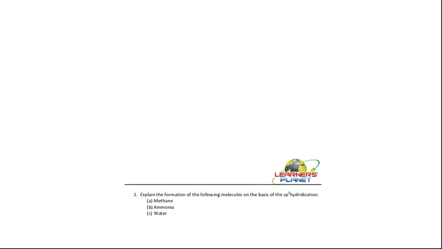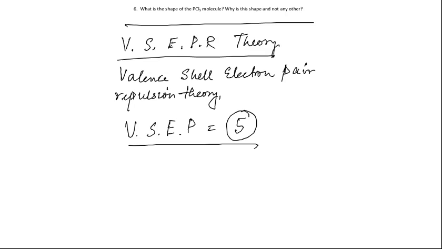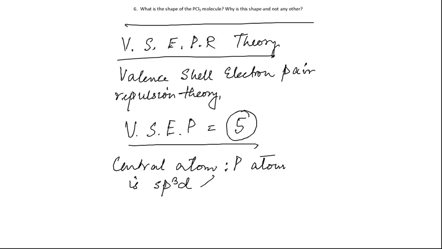In the PCl5 molecule, the total VSEPR, or the valence shell electron pairs around the central atom phosphorus, is equal to 5, and the central atom, which is the phosphorus atom, is sp3d hybridized.